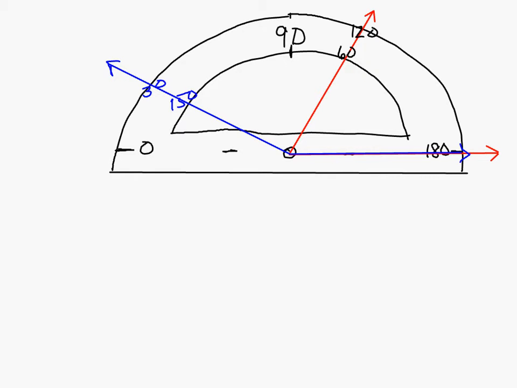Now, let's put a point here, here, and here, and we're going to call it angle ABC. Does everybody see it? Let's look for the measure of angle ABC. 90 degrees.